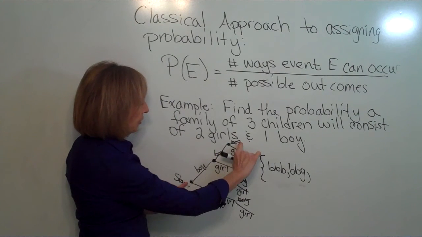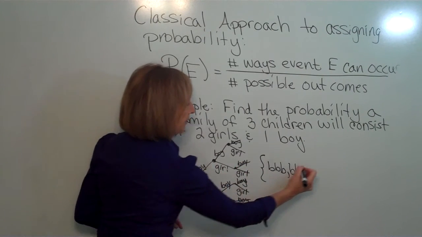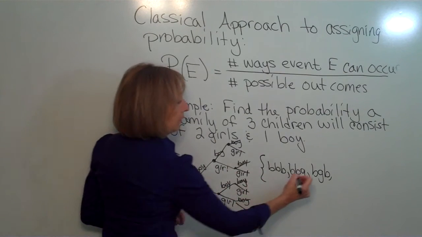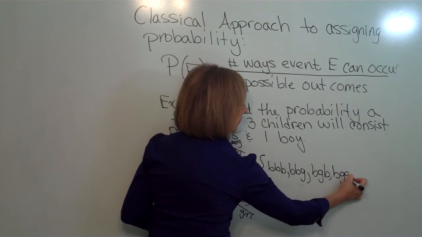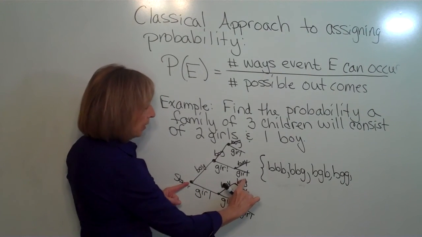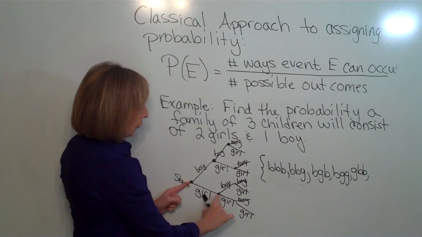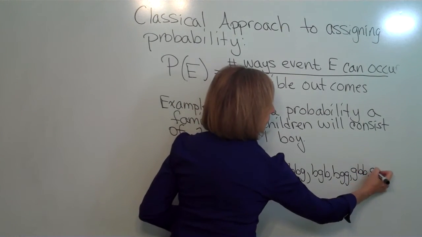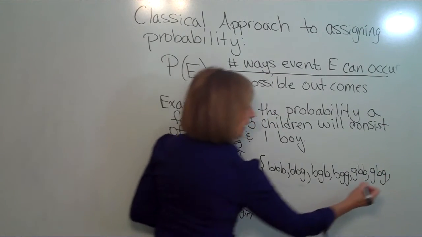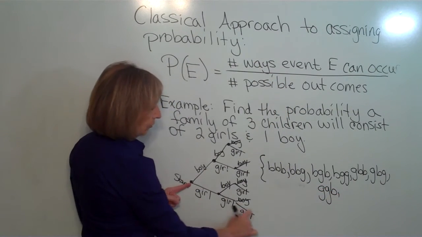So boy, boy, boy took that branch, boy, boy, girl took that branch, so now I'm going to go boy, girl, boy, then boy, girl, girl, then girl, boy, boy, girl, boy, girl, girl, girl, boy, and girl, girl, girl.